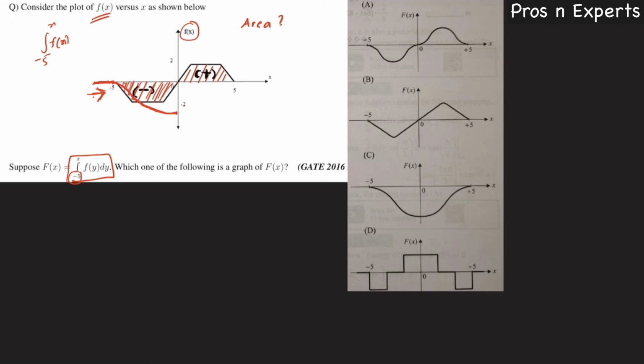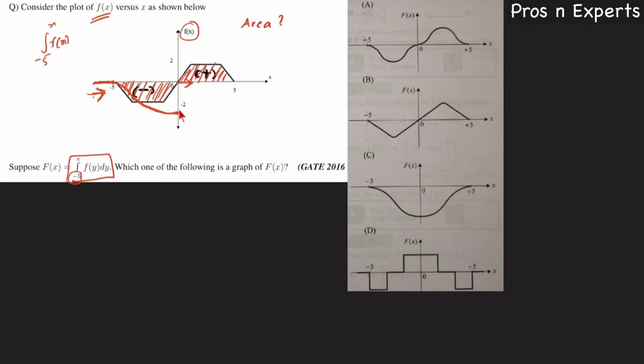Now after x equal to 0, we are again advancing towards positive x direction. So now positive area is increasing. Here we have a negative area up to this portion. Now a positive area is getting added. But what happens when positive area is added with this negative area?